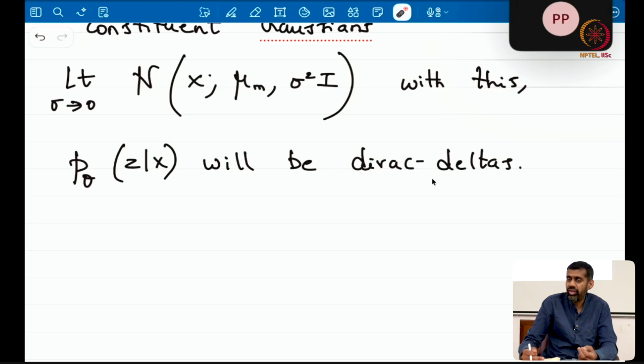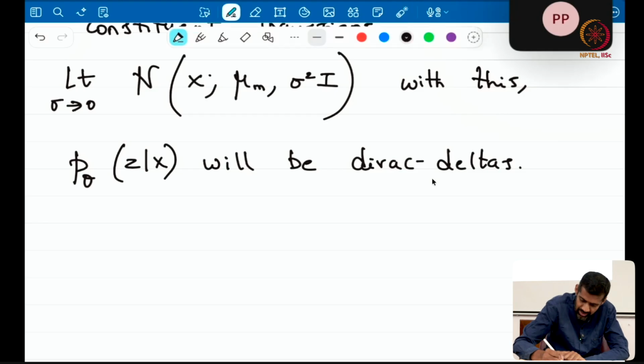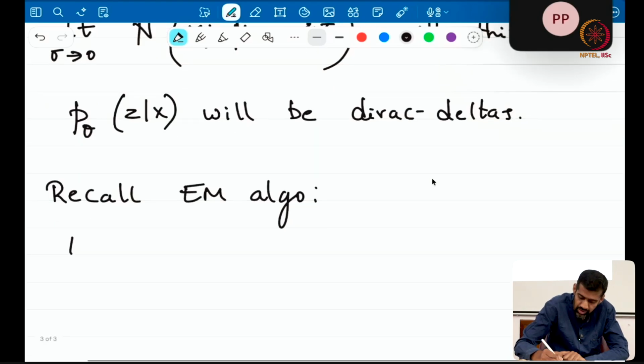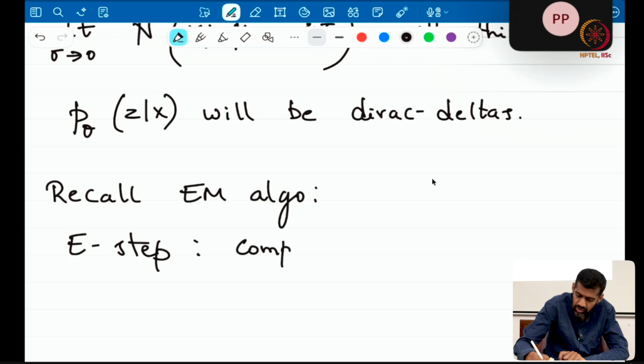Of course, we have to find the expectation of the joint distribution. So, the E step: you compute the expectation of this joint distribution.